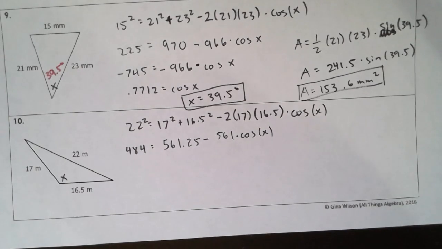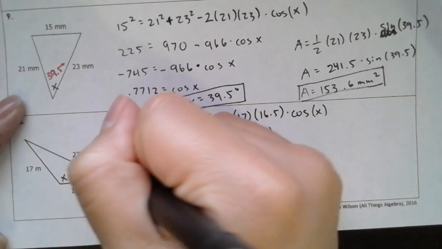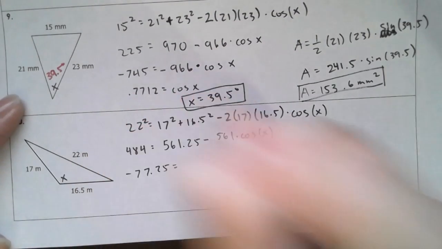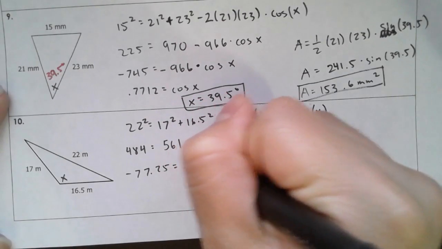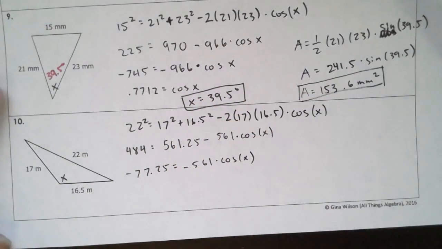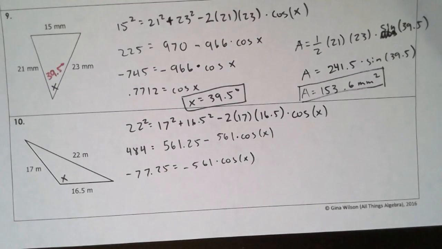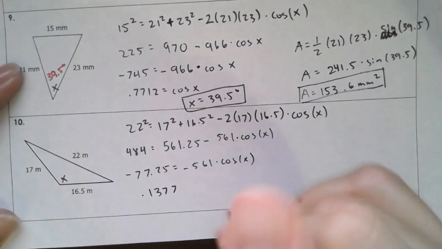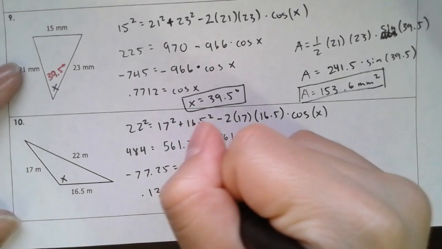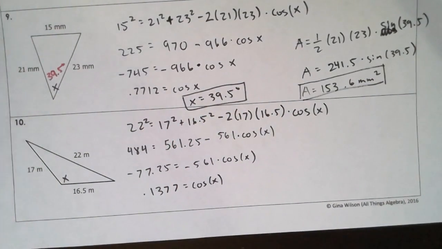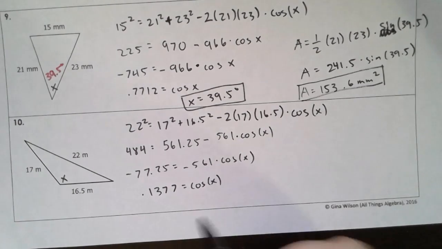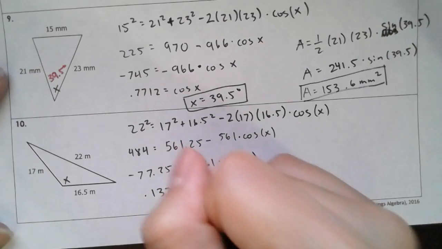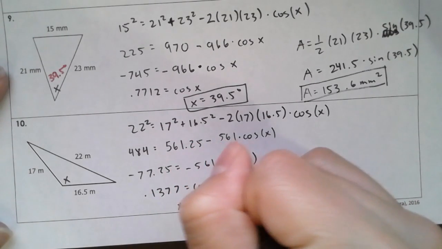Alright, subtract 561.25 from both sides. You're going to get negative 77.25 is equal to negative 561 times cosine of x. And then you divide both sides by negative 561. You're going to get a pretty small decimal, 0.1377, is equal to cosine of x. And then you take the inverse cosine, sorry, and you're going to get that x is equal to 82.1 degrees.